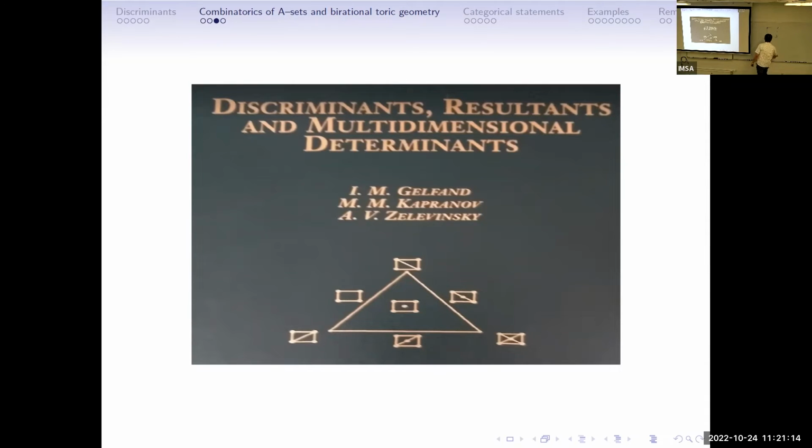This is the set A, and the triangle is going to be the secondary polytope. So the way you should think about it, as I said, is kind of a parametrization of various ways of subdividing this into polytopal subdivisions.